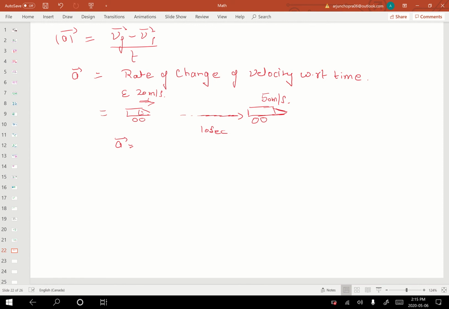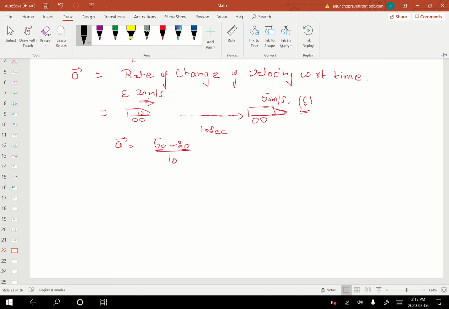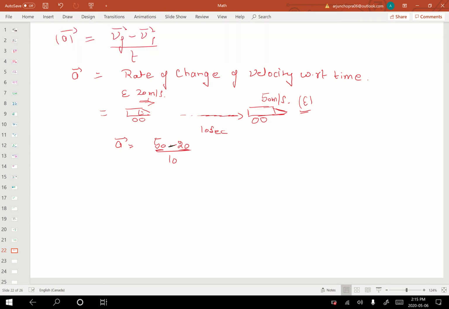So acceleration is final velocity, which is 50, minus 20, divided by 10, and make sure we take the directions into consideration. This is in the east direction, this is also in the east direction, so both are positive values. So 50 is positive, 20 is also positive. This negative sign belongs to the formula.